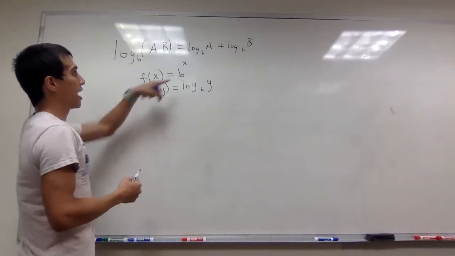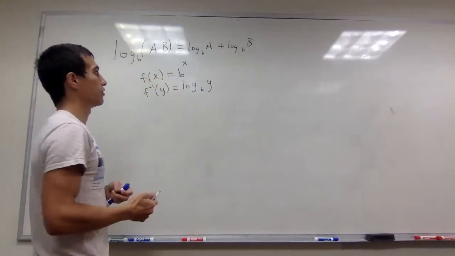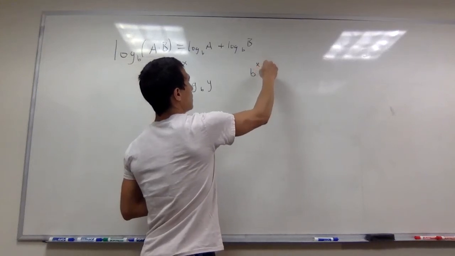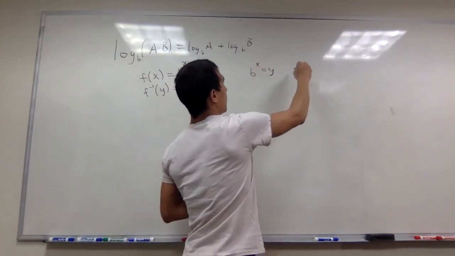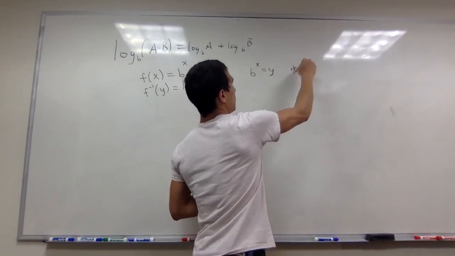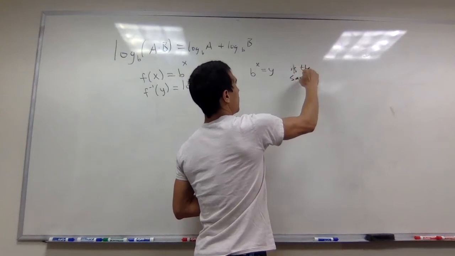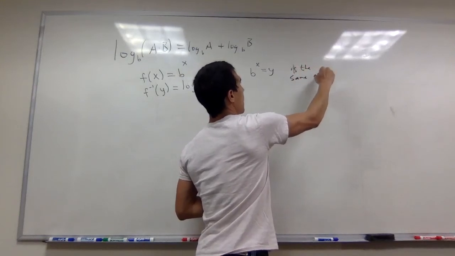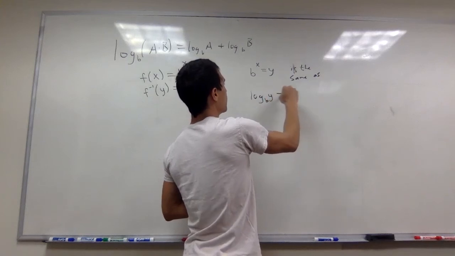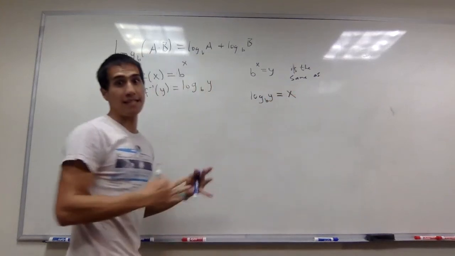So the exponential and the log function are inverses of each other. So what does this mean? This means that b to the x is equal to y if and only if, so is the same statement as log base b of y is equal to x. These are the same exact statement.